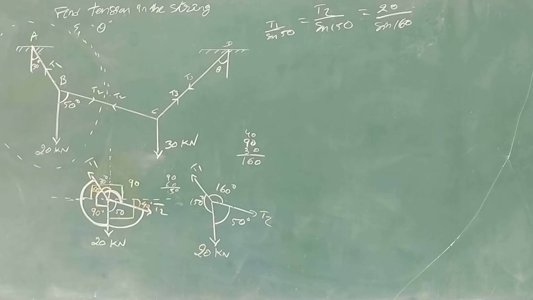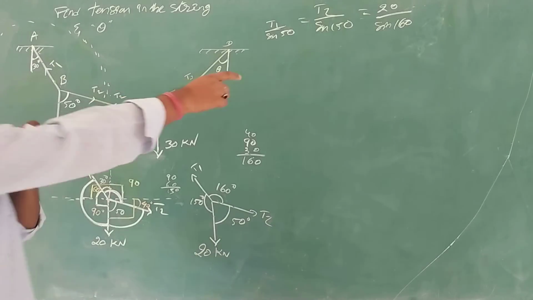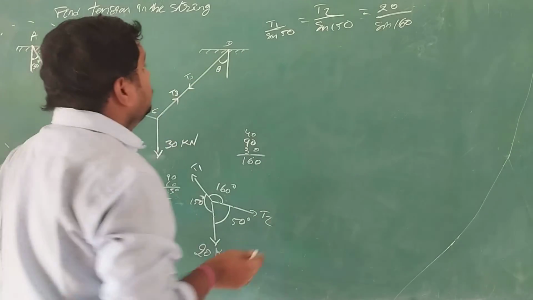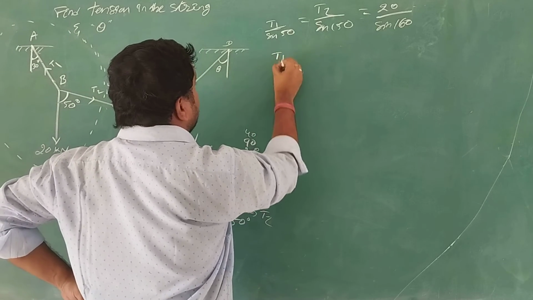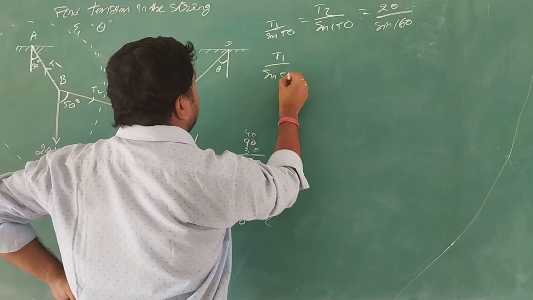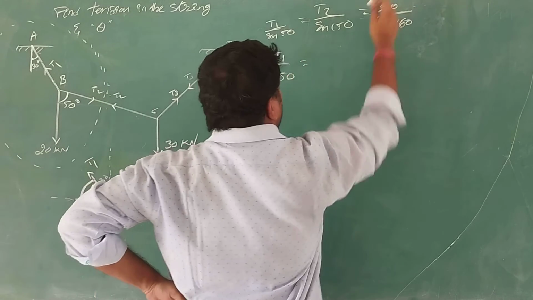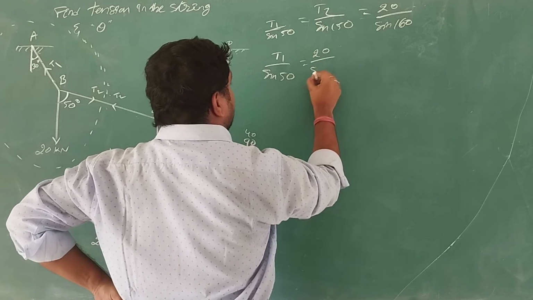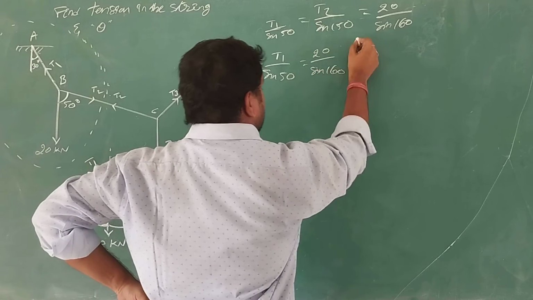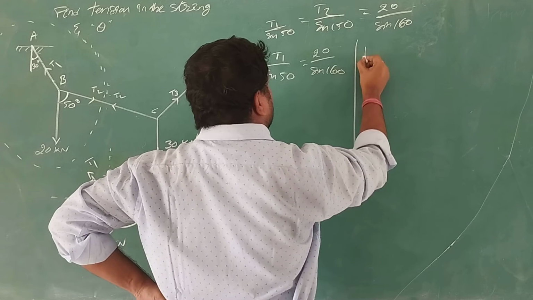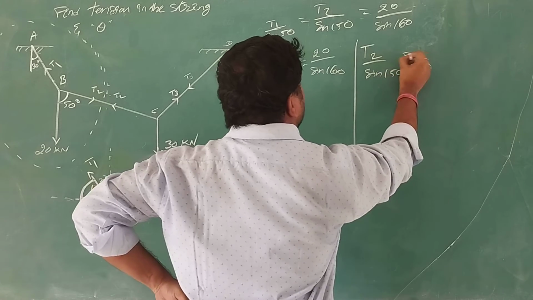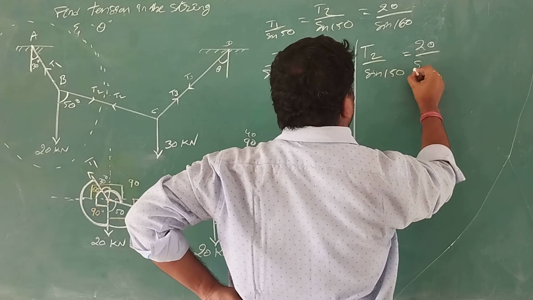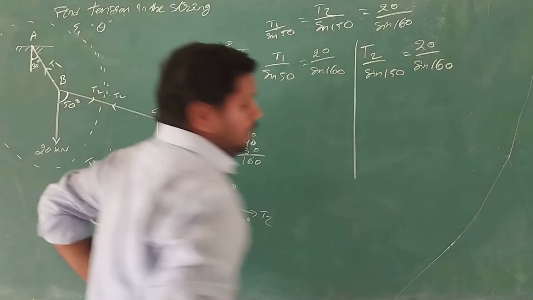Just check it out. This is what we have done now. I want T1 and T2. So first, T1 by sine 50 is equal to 20 by sine 160, because this is known. And T2 by sine 150 is equal to 20 by sine 160.